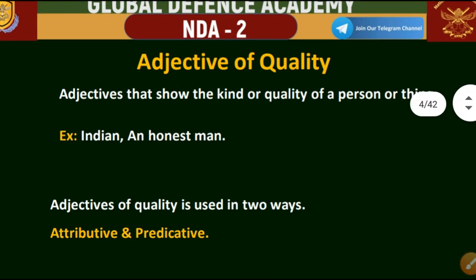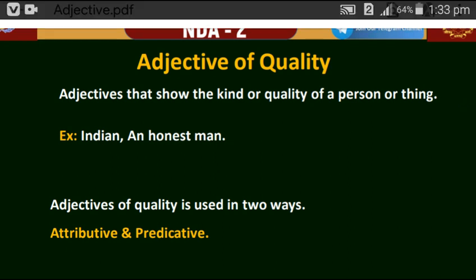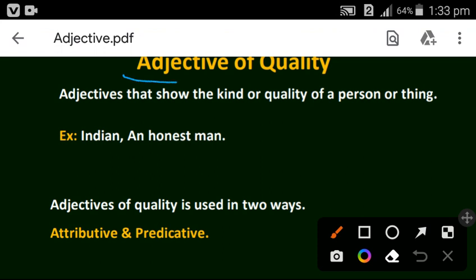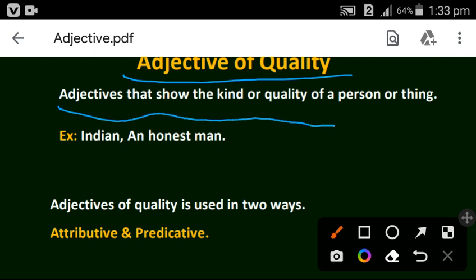Okay. And the second type is also written here, adjective of quality. What meaning does it hold? Adjective of quality, as per its definition, is an adjective that shows the kind or quality of a person or thing. Mark my point: it shows the quality of any person or thing.